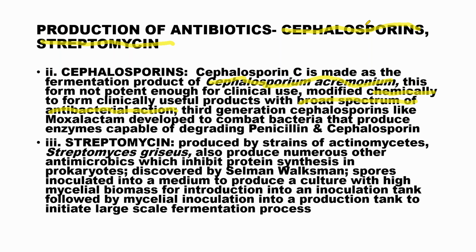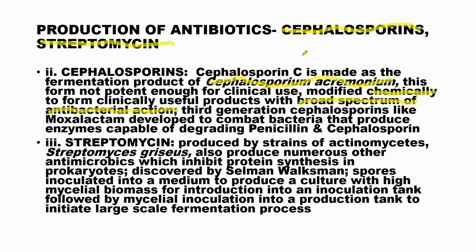Examples are penicillin, cephalosporin, a lot of antibiotics are there. Cephalosporin is also a broad spectrum antibiotic, but once we get the fermentation product cephalosporin C, it is not clinically potent or efficient to be applied. We have to go for some chemical modification so that it will form a potent broad spectrum antibiotic.